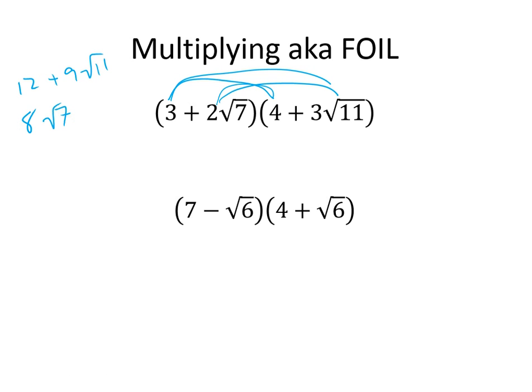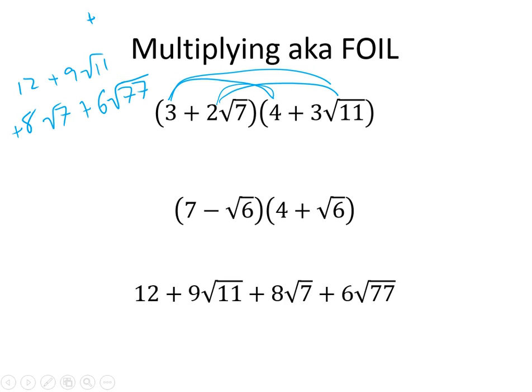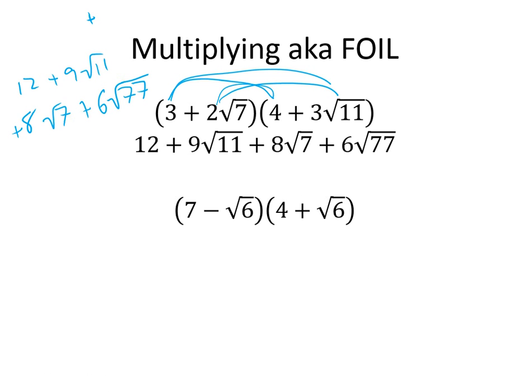And then last, which looks like 6 root 77. Remember, when we multiply two radicals together, we multiply the numbers on the inside. Then we see if we can combine terms from here. Since we can't, we leave it as is. We can't combine anything, so it stays as written.